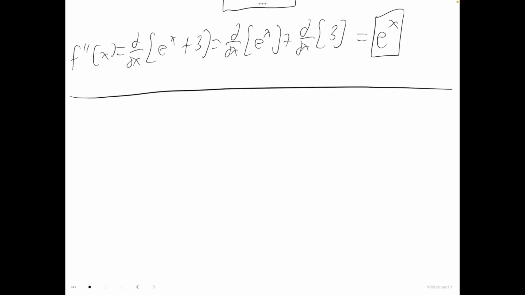So now the last thing we want to do is talk about the following example. We want to find at what point on the curve y equals e to the x the tangent line is parallel to the line y equals 2x.